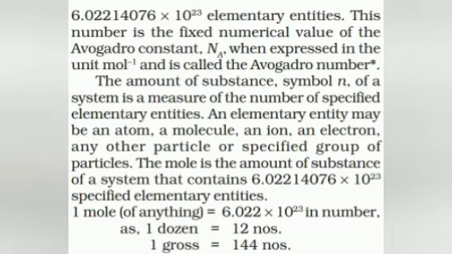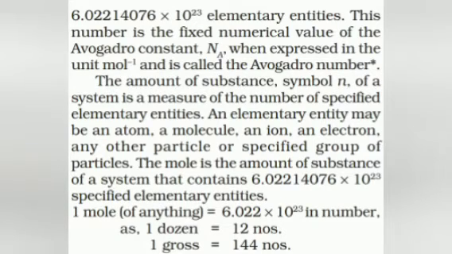So 1 mole of any atom contains this much quantity of particles. This number is the fixed numerical value of the Avogadro constant. This number, when expressed in the unit per mole, is the Avogadro constant, Na, and is called Avogadro's number.